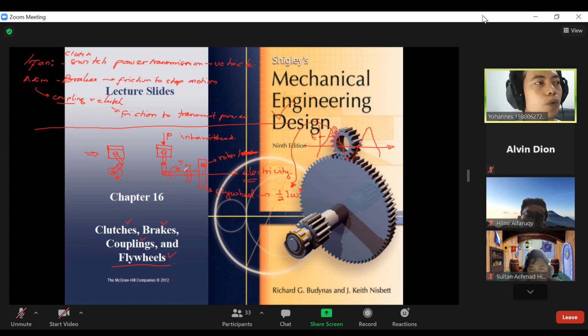Then when this mechanism requires energy here, this flywheel will provide this energy, so it will substitute here. And then in this mode, using this flywheel, you can expect this kind of output power.